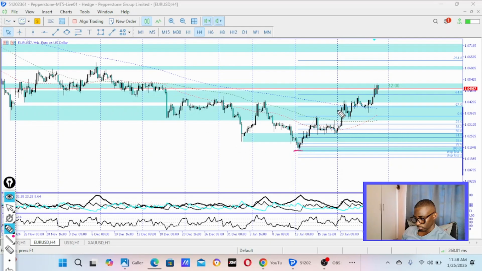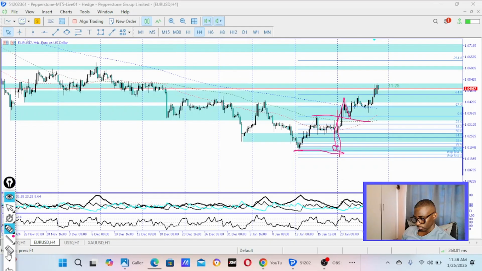Price was right about here when I made that analysis, and because I was looking to buy the pair Euro USD, I said the only time I'm interested in that buy was when price comes back to this area to reject and give me a bullish pattern, to break this previous low high and give me a retest.